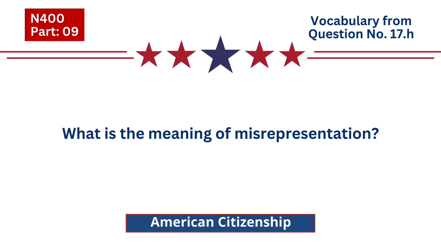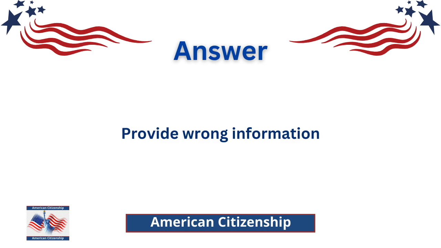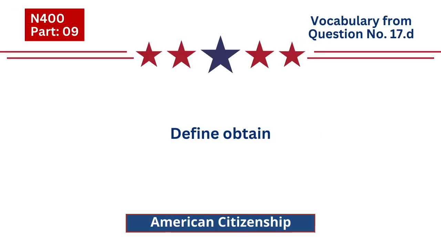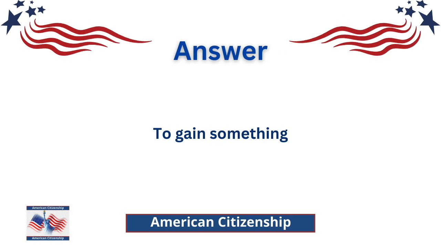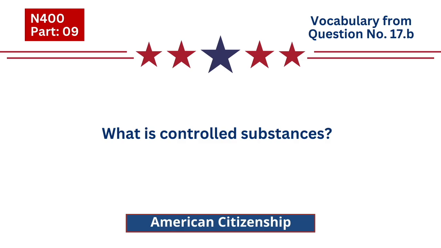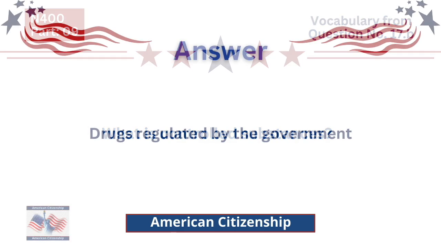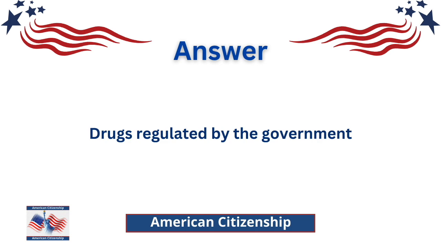What is the meaning of misrepresentation? Provide wrong information. Define obtain. To gain something. What is controlled substances? Drugs regulated by the government.